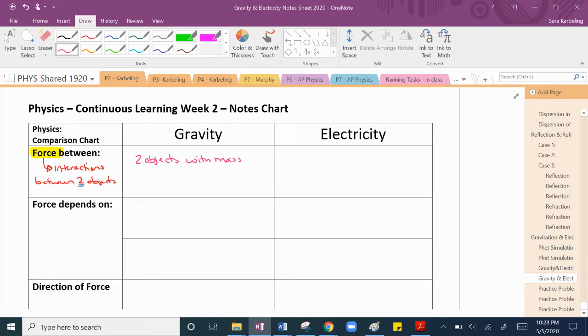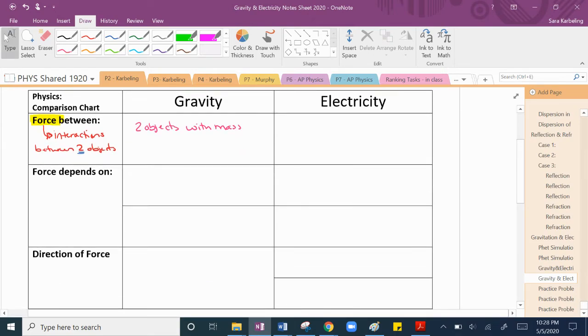Okay. Now, you found out when you were using the PhET simulation that the gravitational force depends on a couple of different things. One of them is mass, which makes sense given that gravity is a force between any 2 objects with mass. And remember, we said that there are 2 of them, so we're going to call them M1 and M2.